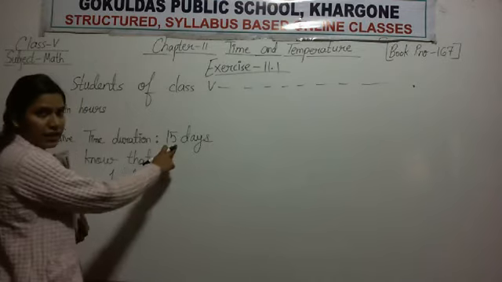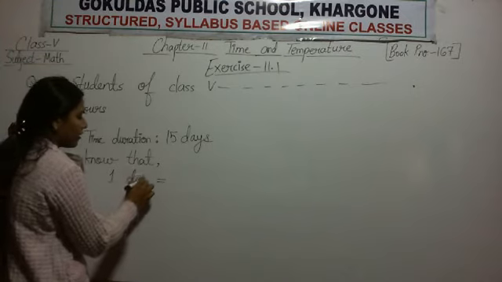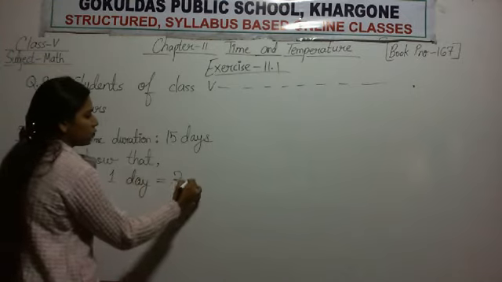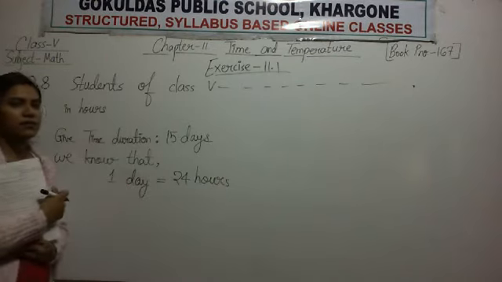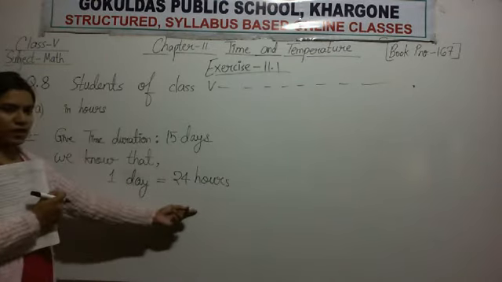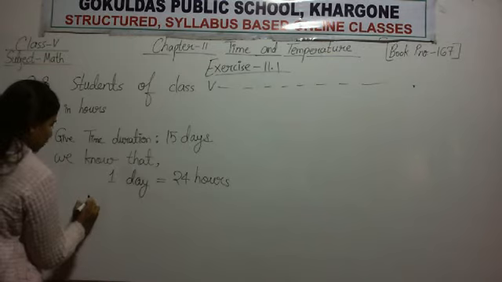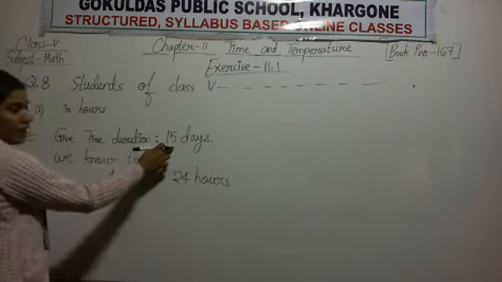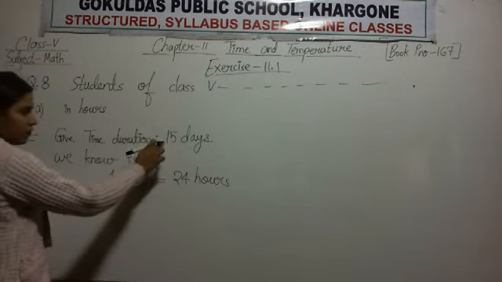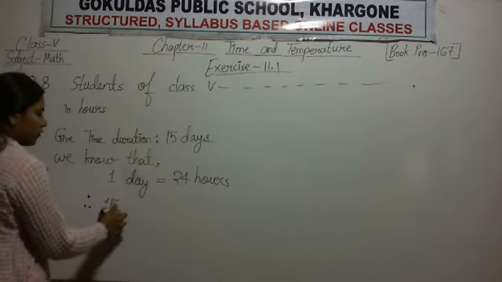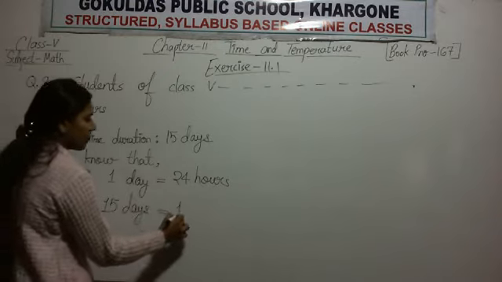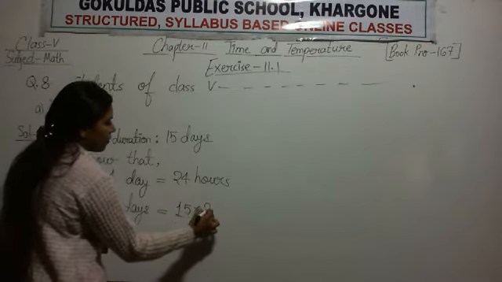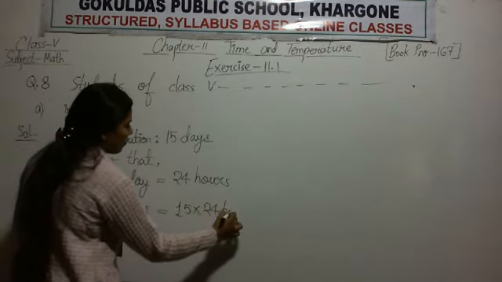The data is given in days, so we will write 1 day is equals to 24 hours. Right? Therefore, we want to calculate for 15 days. Therefore, 15 days will be equals to 15 multiplied by 24 hours.